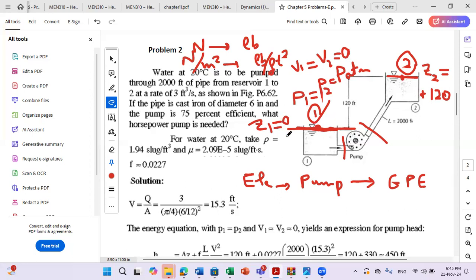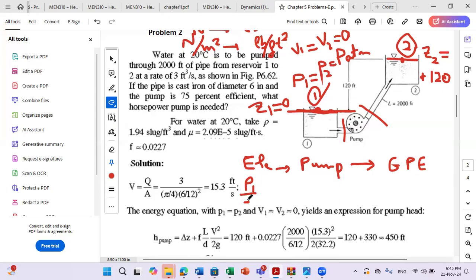Now, if you want to simplify our equation, the general equation here is P1 over rho G plus V1 square over 2G plus Z1.